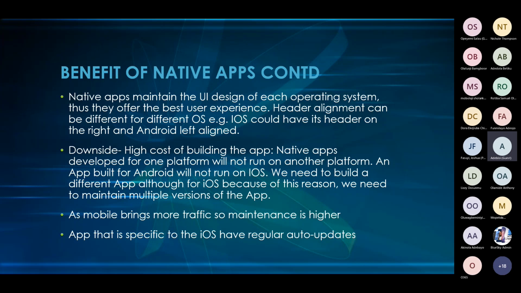For example, if we have a native app that is meant to run on iOS, and you now run it on Android, it will not work, because in mobile testing, each of these platforms, mobile devices and operating systems, has its own bundle.